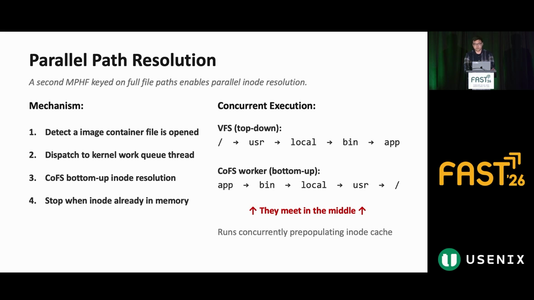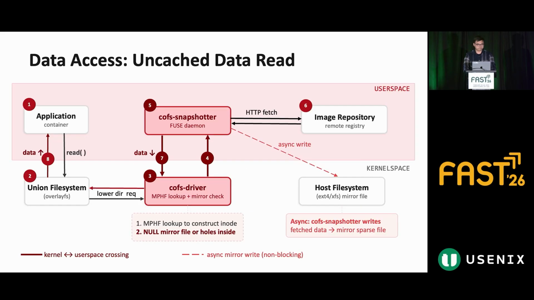This works because if an inode is cached, all its ancestors are guaranteed to be cached too. This is because at the same time, the normal virtual file system is resolving the same paths top-down. They run concurrently and will finally meet in the middle, cutting the serial lookup chain and thus improving the lookup performance.